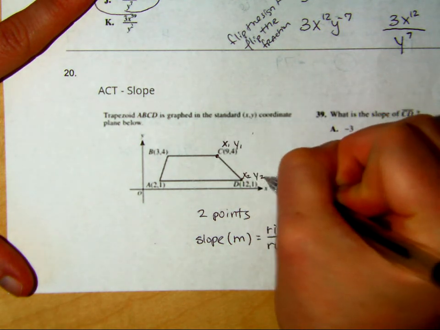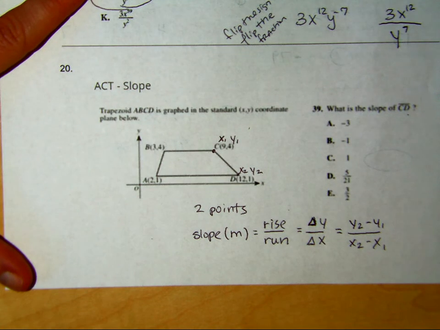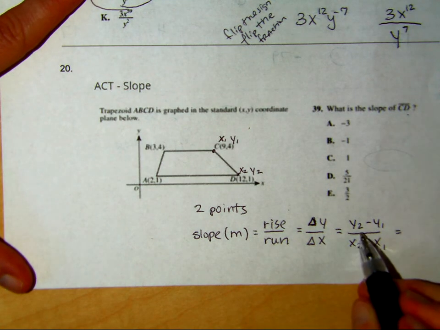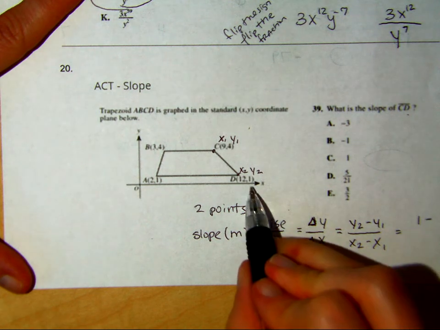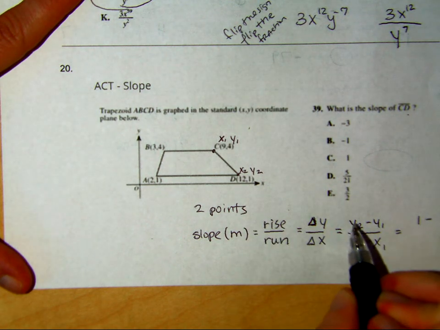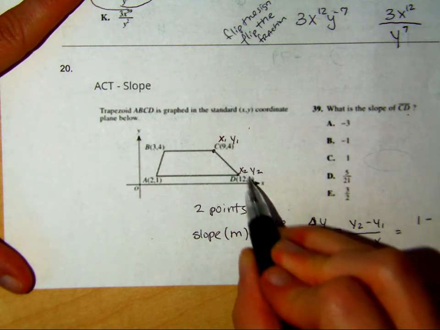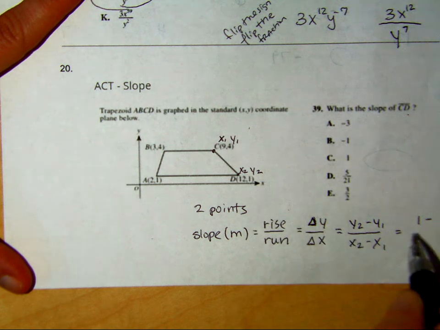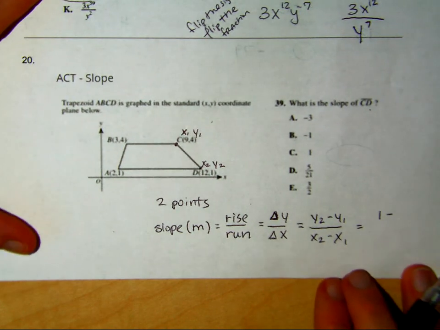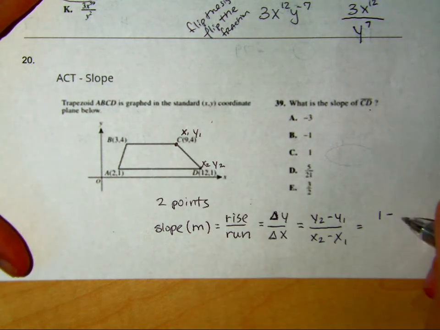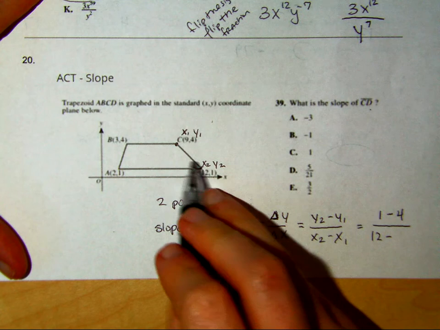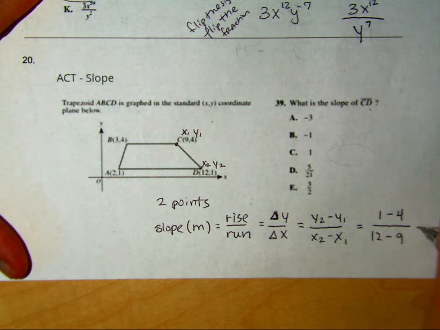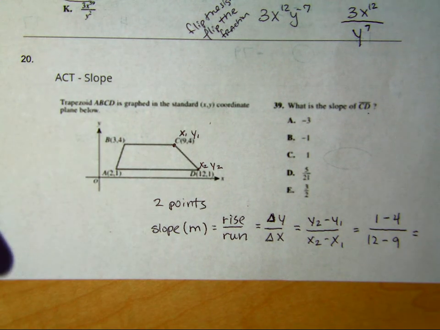So x2 is 12, I'm sorry, y2 is 1, right? y1 is 4. x2 is 12. x1 is 9.